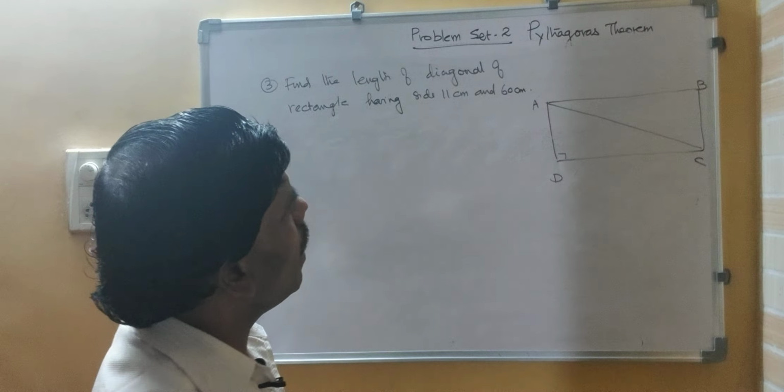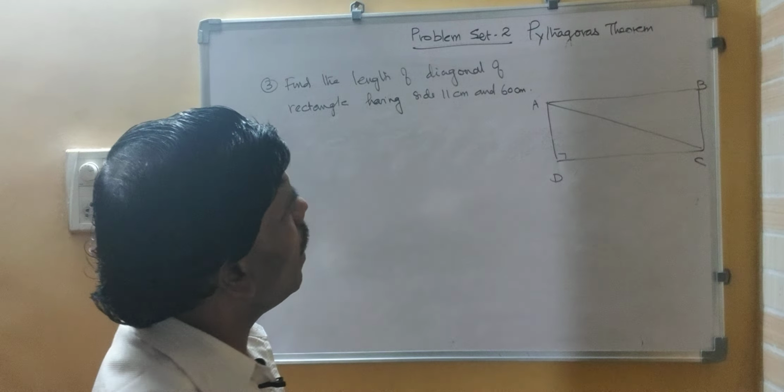So, x square plus x square. So, how many x square? 2x square. Okay. Now, what about AC then? AC equal to square root of 2 into x square equal to square root of 2 into square root of x square. What is square root of x square? X.